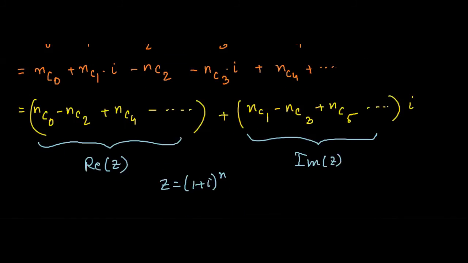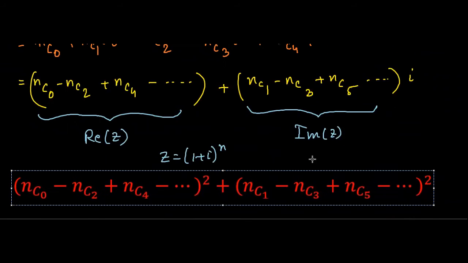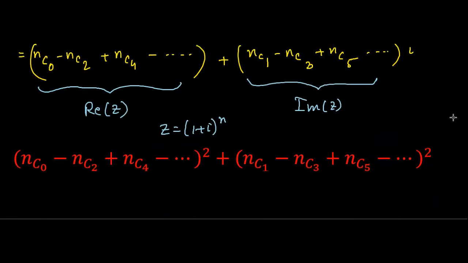If we compare these two terms, let's paste it over here once. What we needed to find is actually the real part of z whole squared plus the imaginary part of z whole squared. So this is very interesting because this is actually the modulus of z squared.